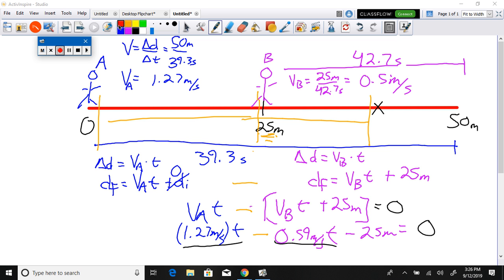After we subtract these numbers, we're going to get 1.27. No, we're not.